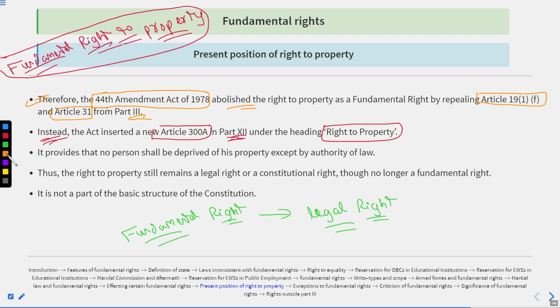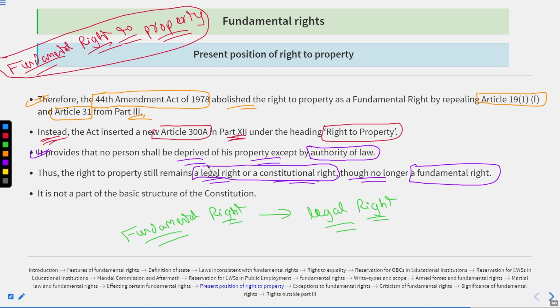It provides that no person shall be deprived of his property except by the authority of law. Thus, the right to property still remains a legal right or a constitutional right, but no longer a fundamental right. It means this gets some relaxation in comparison with the fundamental right.